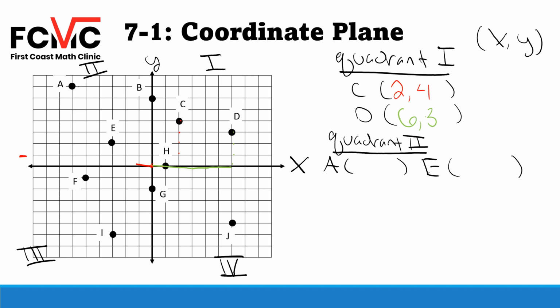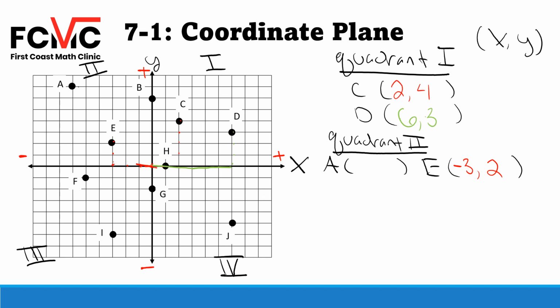This is our negative direction, this is our positive direction. This is positive, this is negative. So since I'm going to the left, I'm going negative, negative 1, negative 2, negative 3. So x is negative 3. Now my y's, I'm going up 1, up 2, so positive 2. So negative 3, 2.